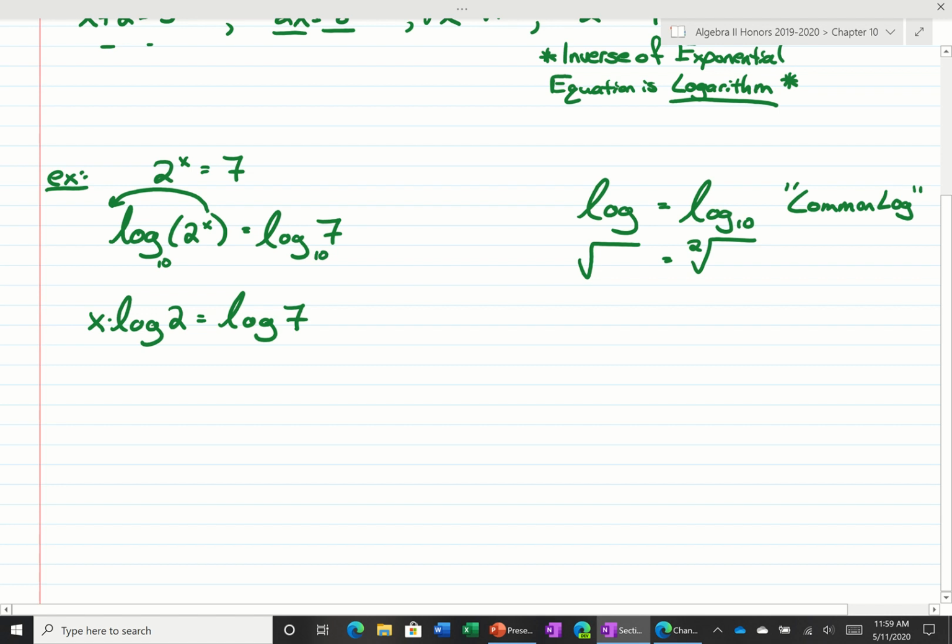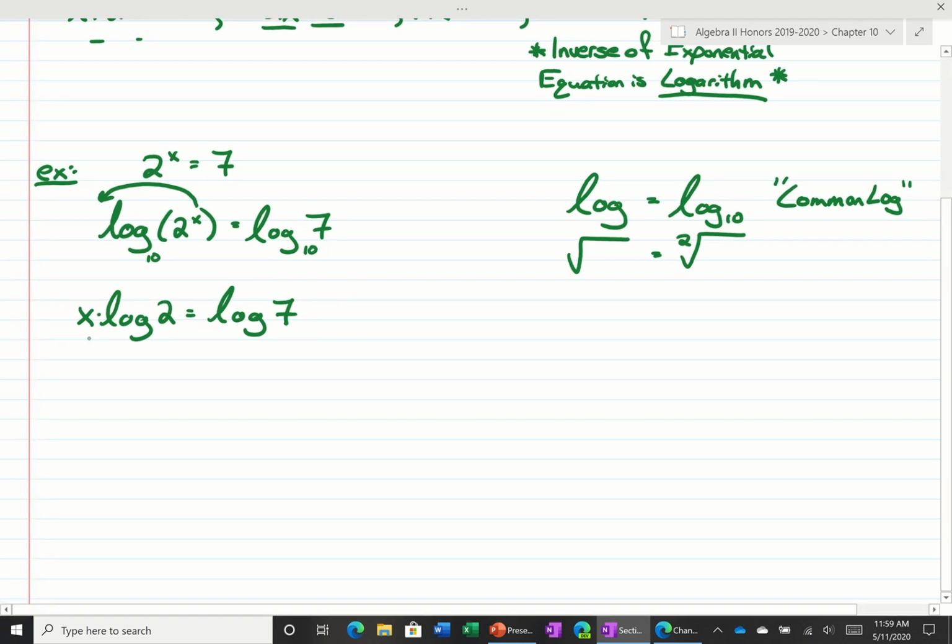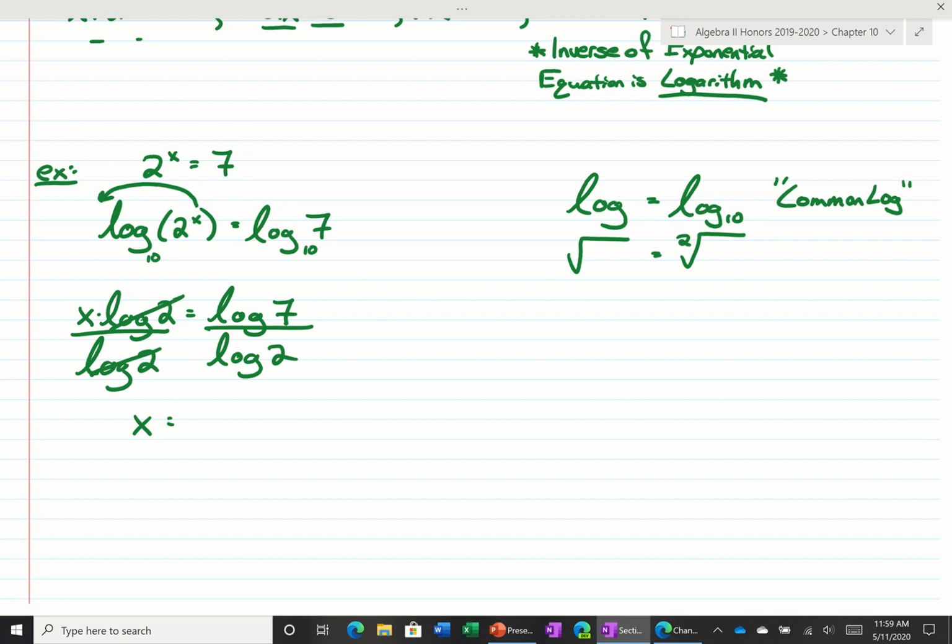And now at this point, it's x times the log of 2. Log of 2 is just a number. I could type that into my calculator. So the way we're going to finish this kind of problem is just divide both sides by the log base 10 of 2. Multiplying by log of 2, so we could divide by it. And on your calculator, you're going to type log 7. Make sure you close the parentheses. And we're going to be dividing by log 2.